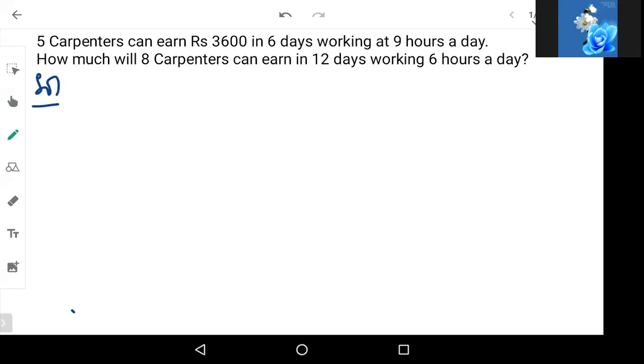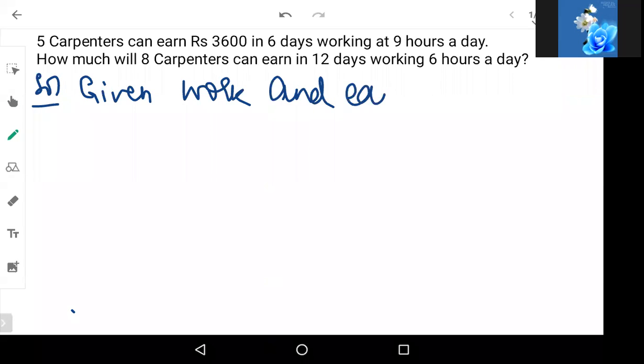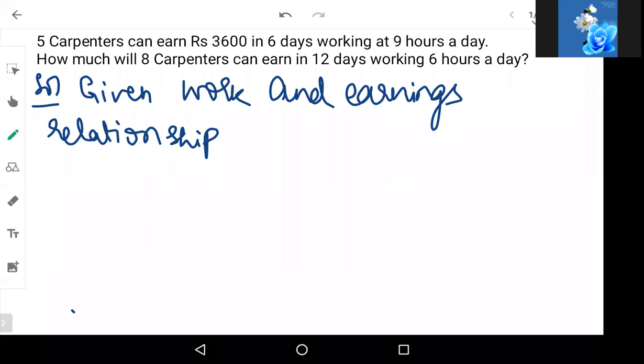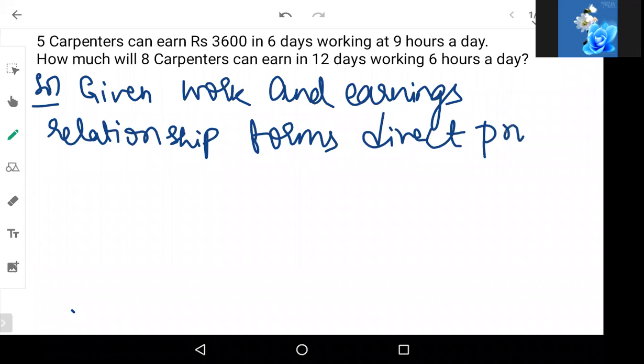Solution. So what is given to us? Work and earnings relationship forms direct proportion. See, in every problem we are defining which proportion it is in.